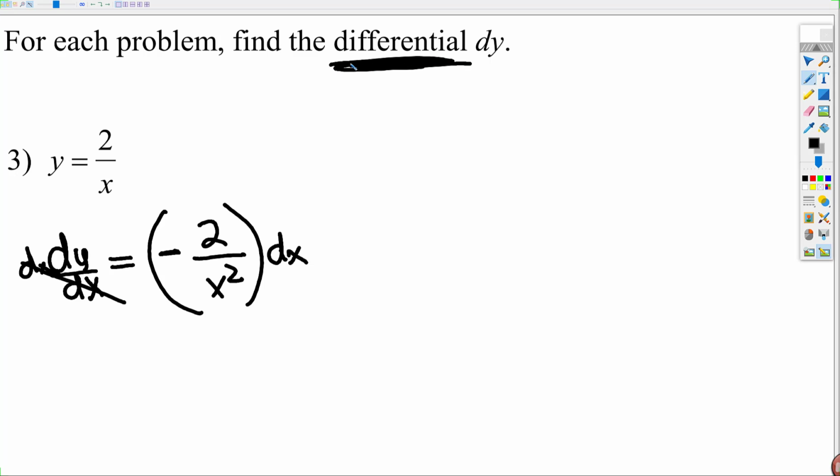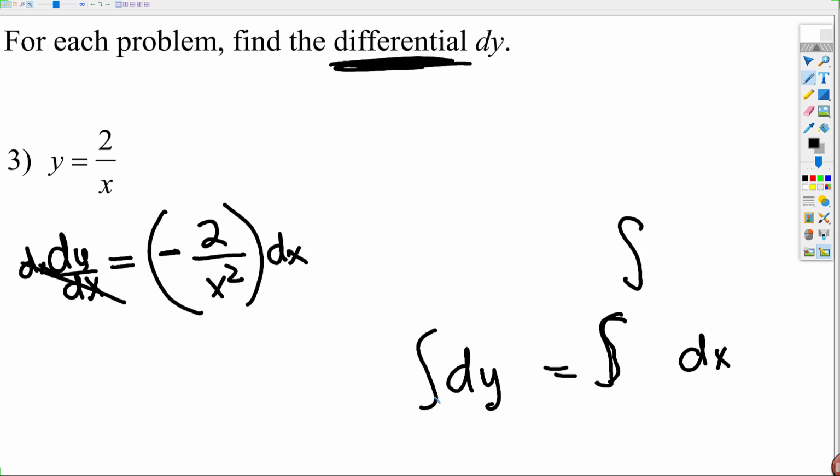And that's the differential, now dy. And then what that leads up to is integration. When you have dy on this side and dx on this side, you can integrate both sides. All right, that's it for this one.